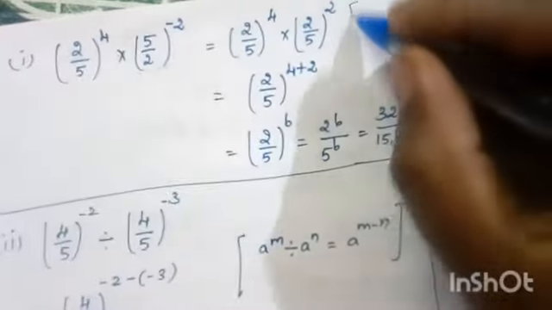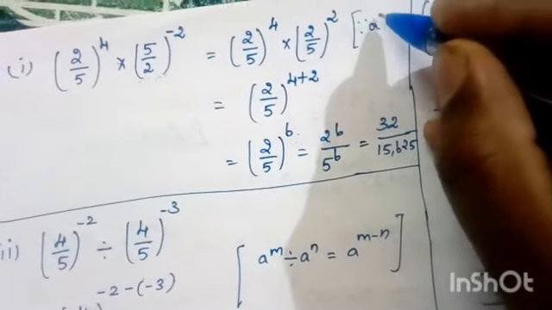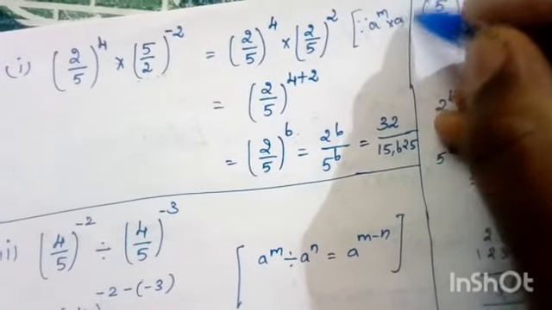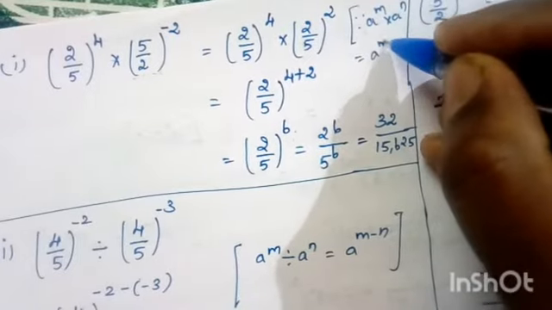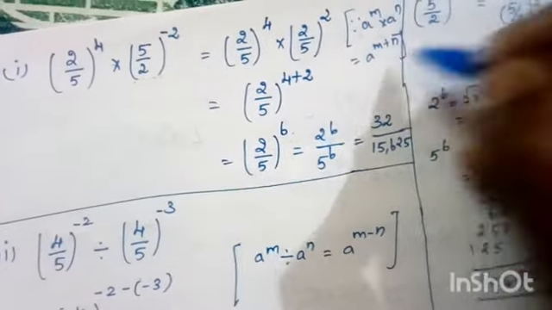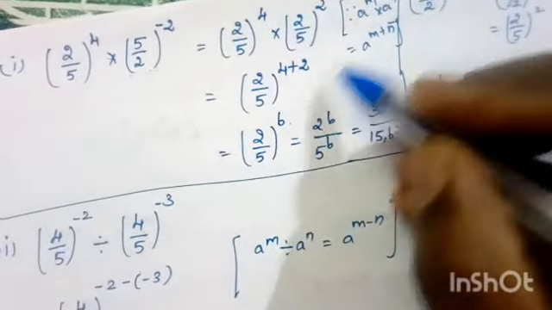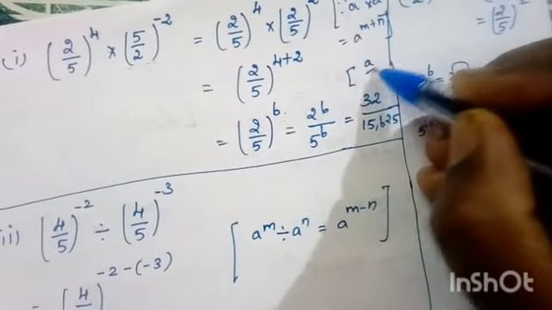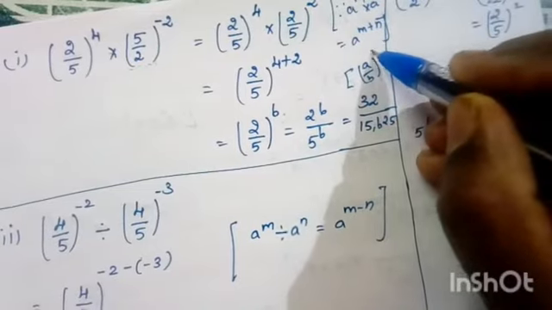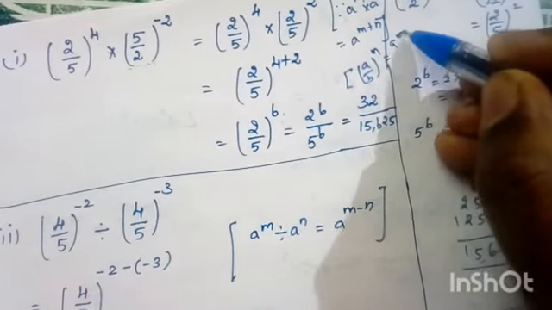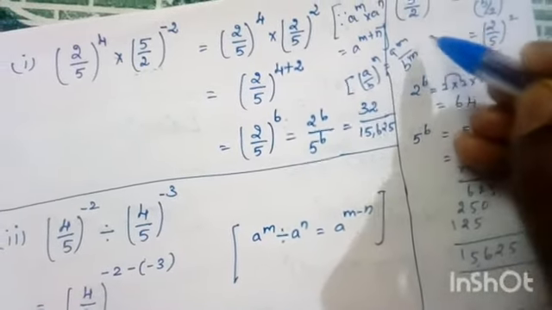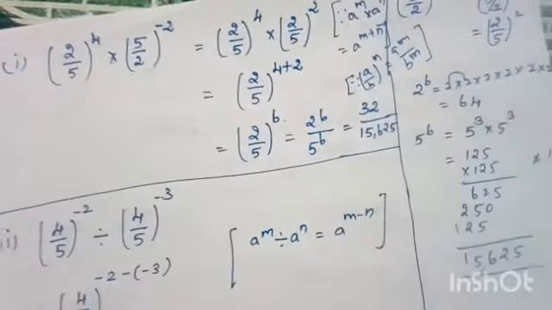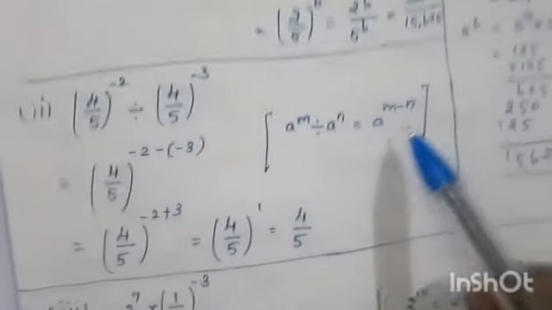For each problem, you have to write the law of exponents at the side. For here, you have to use the formula a^m into a^n is equal to a^(m+n). What rules you are applying, you must write. Here I used the exponent rule (a/b)^m is equal to a^m by b^m. What rules we are applying, we have to write.